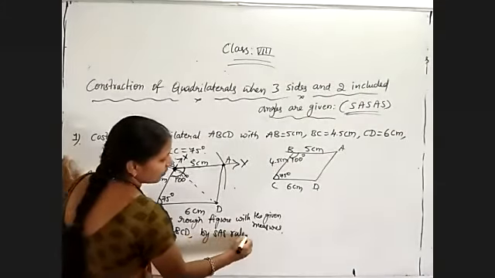Till here over. Now, to get the fourth vertex, what did we do? Angle B constructed, and with AB we have cut that ray at A. Yes or no?